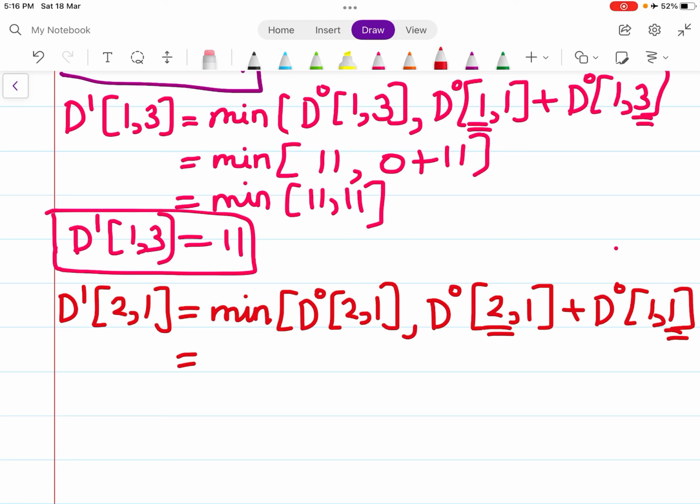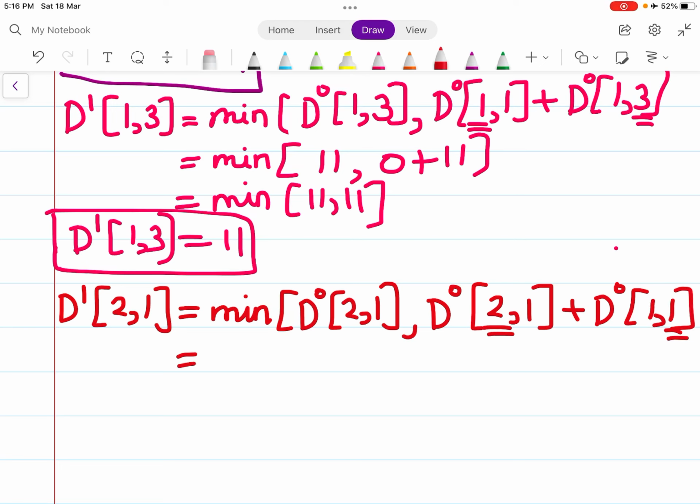So min of 6 comma 6 plus no self loop, so 0. So min of 6 comma 6, so the answer is 6 for d1 of 2 comma 1. After that 2 comma 2, but 2 comma 2 is a self loop and its coordinate is 0. For 0 you don't have to evaluate, so we directly go to 2 comma 3.